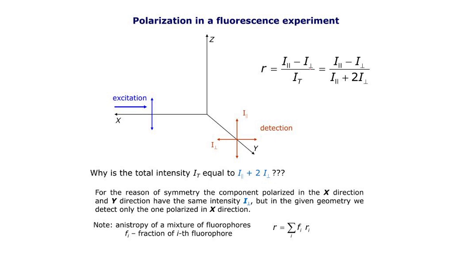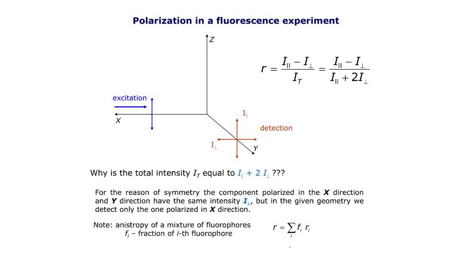So why is the total intensity IT equal to the parallel intensity plus twice the perpendicular intensity? This is because, for reasons of symmetry, the components polarized in the x direction and the y direction have the same intensity, I perpendicular. But in a given geometry, we detect only one polarized light in the x direction.